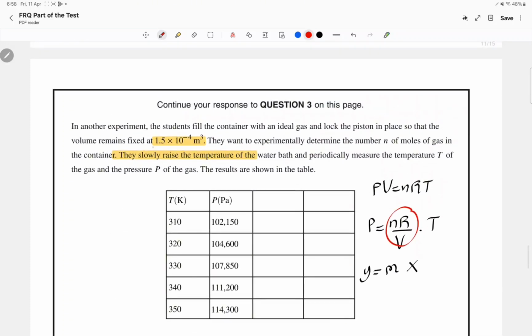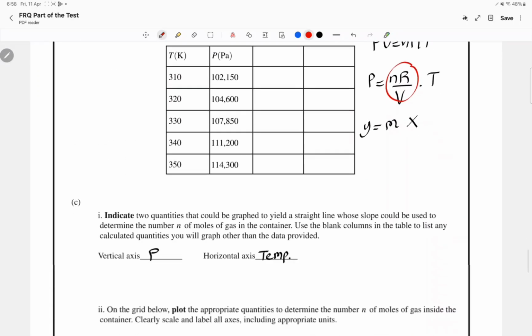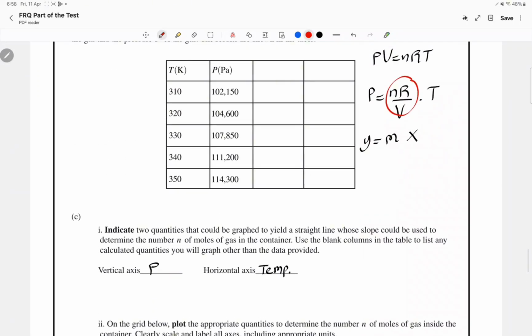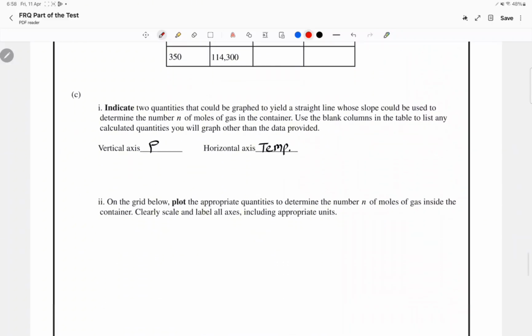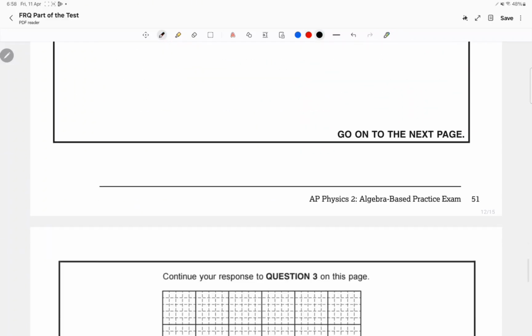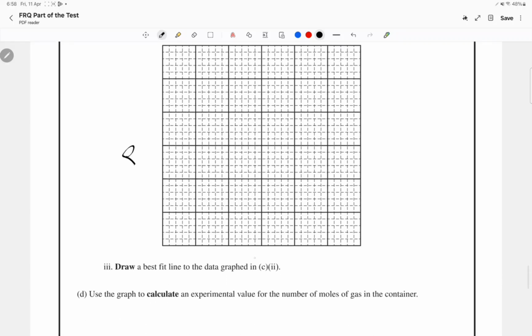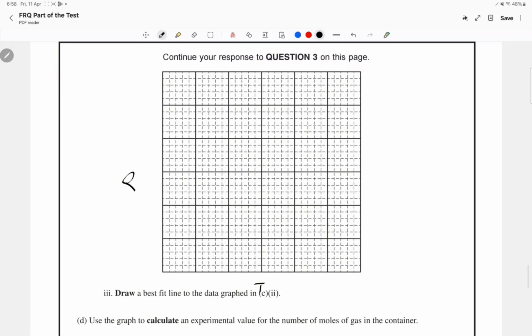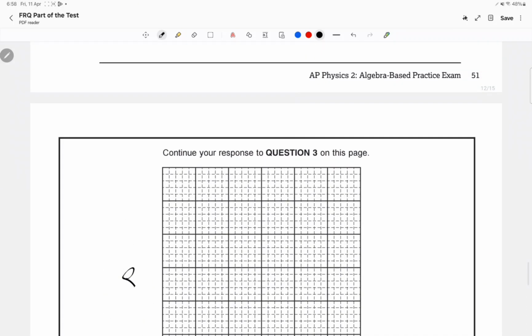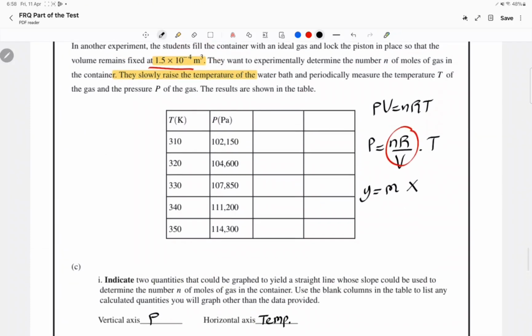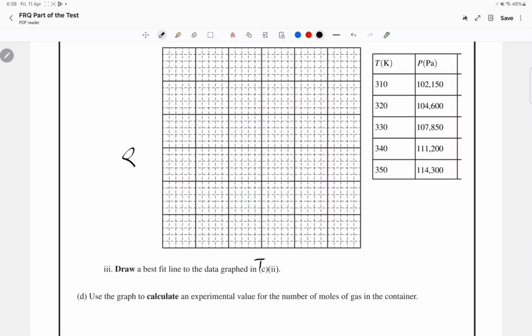Also, the volume was given. So now we should plot those points on the graph, with pressure on the y-axis and temperature on the x-axis. Let me take the points.